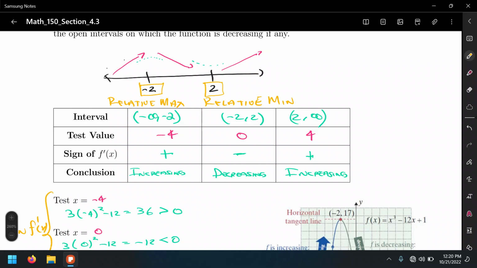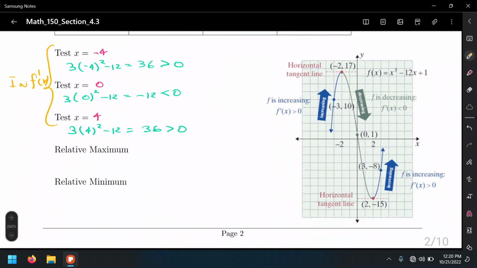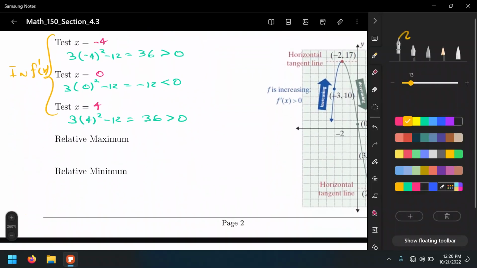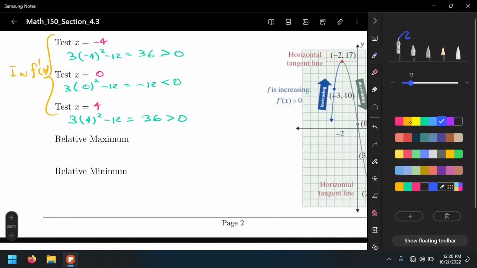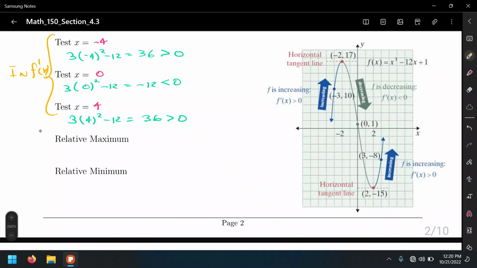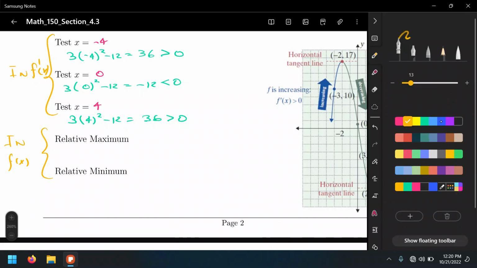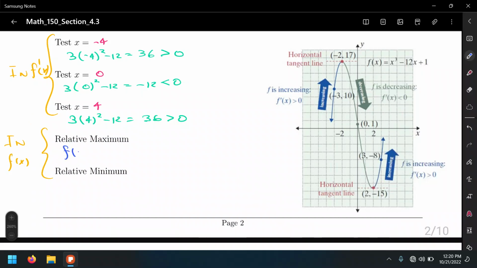Go back and plug the critical numbers into the original function, in f of x, not in f prime like before. So that's f of negative 2 and f of positive 2. We plug negative 2 and 2 into the original function.